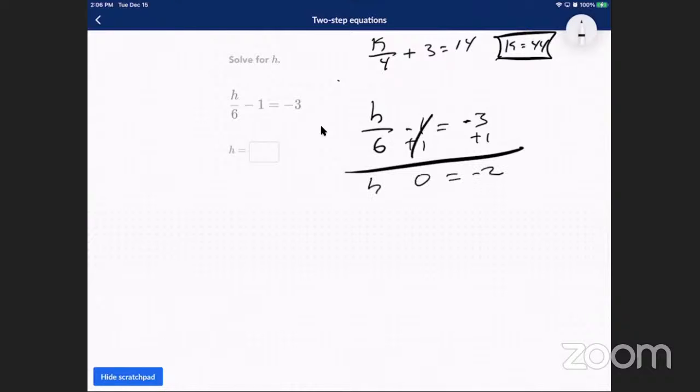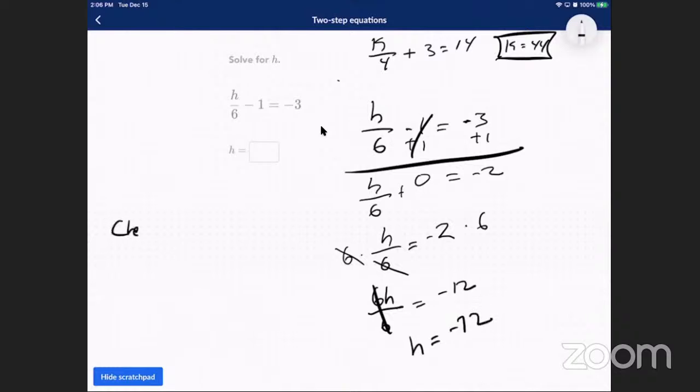So h over 6 equals -2. And then the next thing would be to get 6 on both sides, and then that would be -12. And then it would be h equals -12.